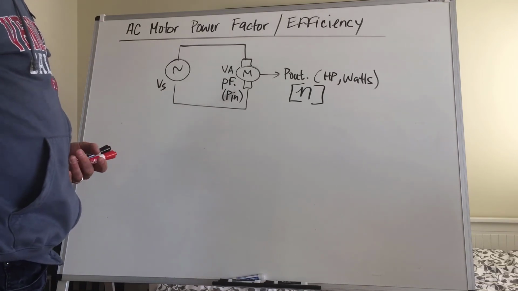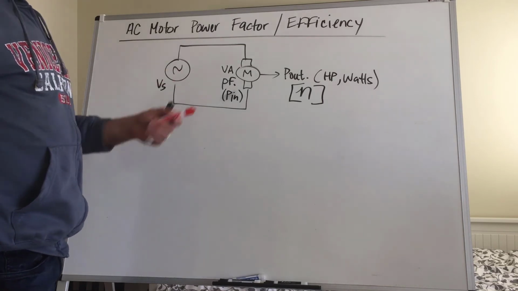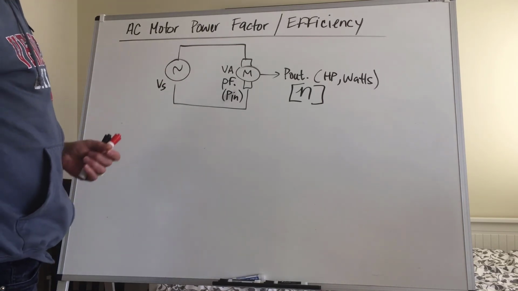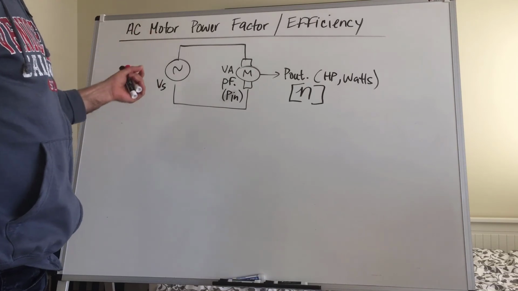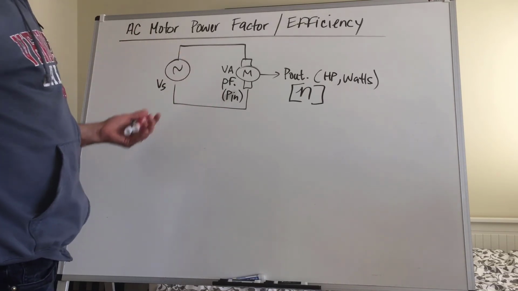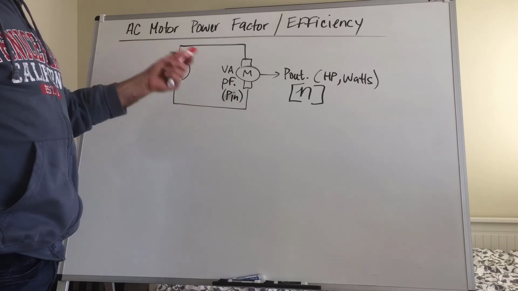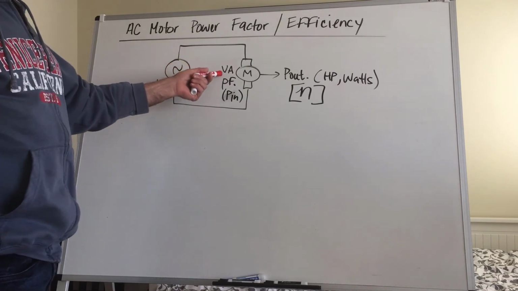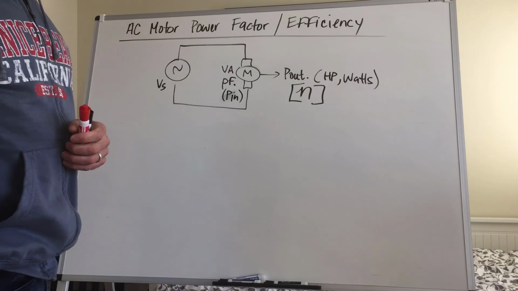So remember, AC loads are rated by VAs instead of watts, so that we can design or predict the amount of current that will be drawn from a source, which will be determined by the VA value, not by the power value.